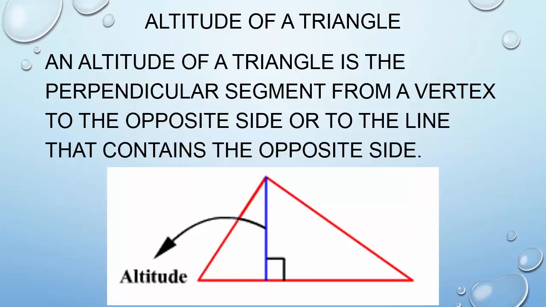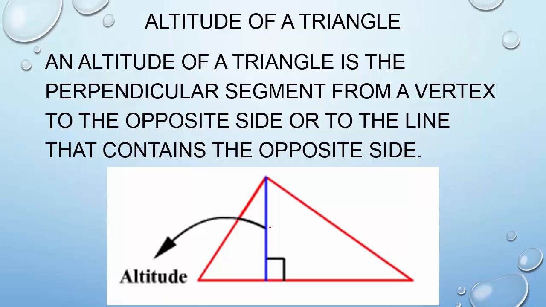Altitude of a triangle. Altitude of a triangle is the perpendicular segment from a vertex to the opposite side or to the line that contains the opposite side. So notice that the median and the altitude are different. The median goes from the center of the side all the way up to the vertex, and the altitude doesn't matter where it is as long as it can create a 90-degree angle.